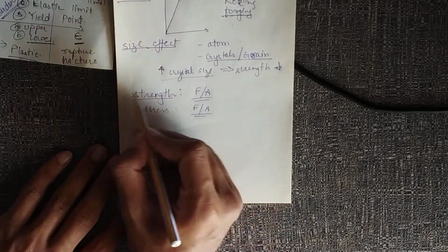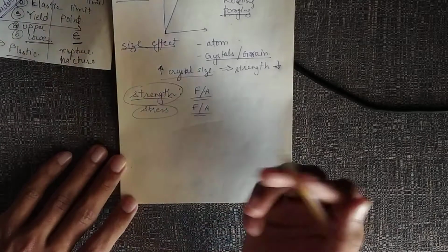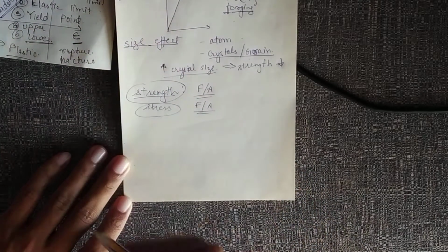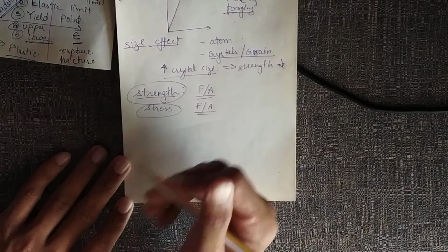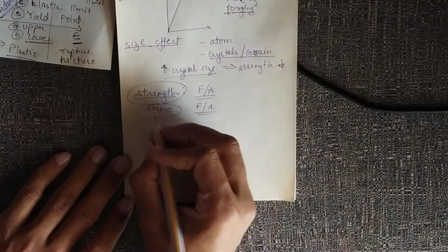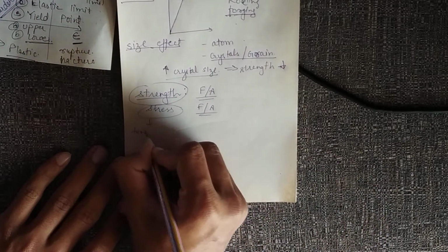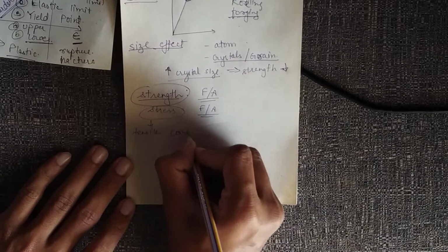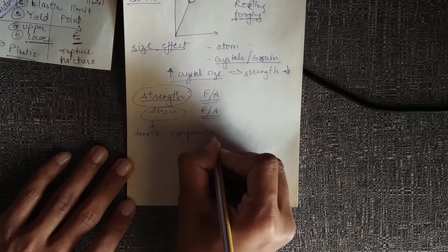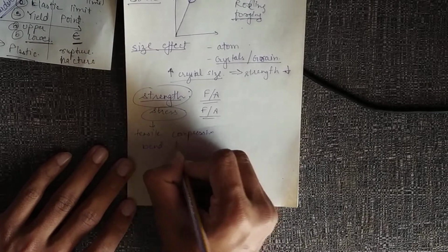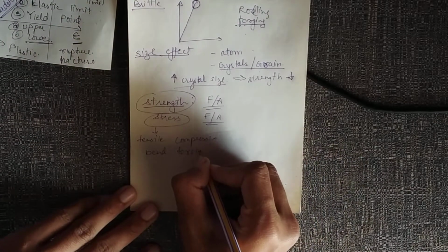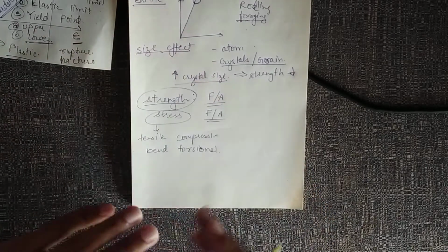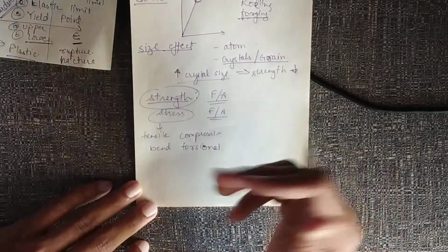Strength is the maximum stress a material can withstand, but there can be different kinds of strengths, so we'll see them. Depending upon the nature of stress, it can be tensile, compressive, bending load, or torsional load. Torsional means torsion.